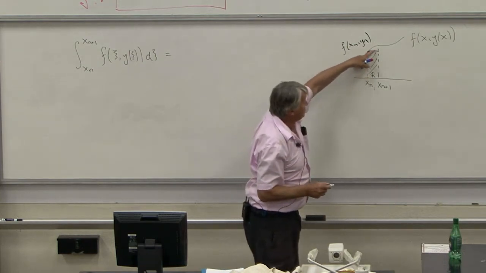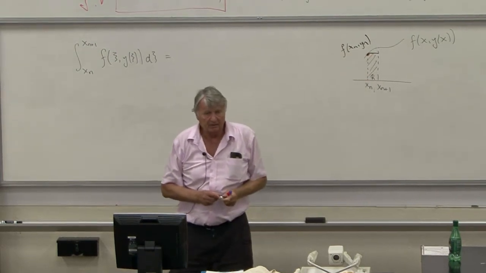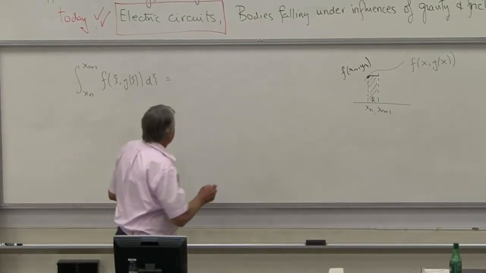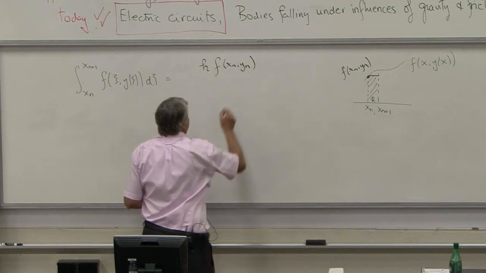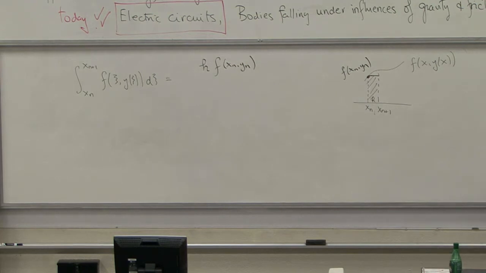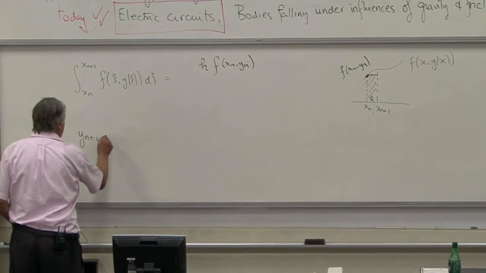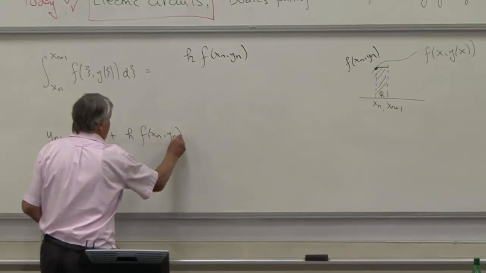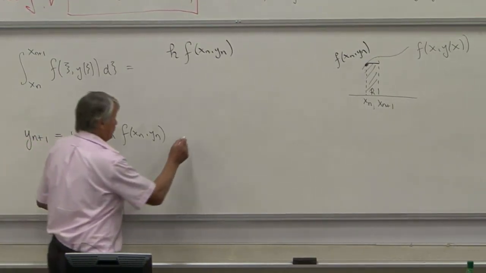So I'm going to approximate this area under this curve by that rectangular area. So what's that rectangular area? Right, h times f at xn, yn. So I'd have yn plus 1 equals yn plus h times f of xn, yn. What did we call that scheme? Euler. That was Euler.